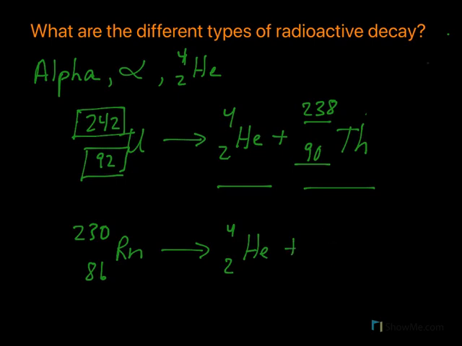Again, 230 minus 4 is going to be 226, and 86 minus 2 is equal to 84. An element with atomic number 84 is polonium. So that is our answer. When radon goes through an alpha decay, it produces an alpha particle and polonium-226.